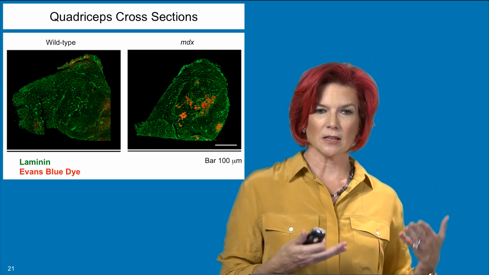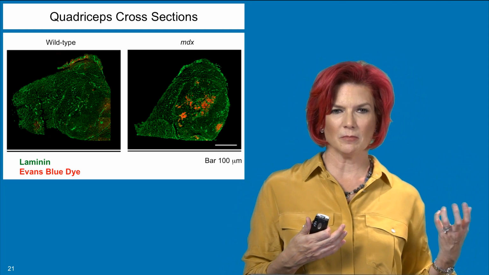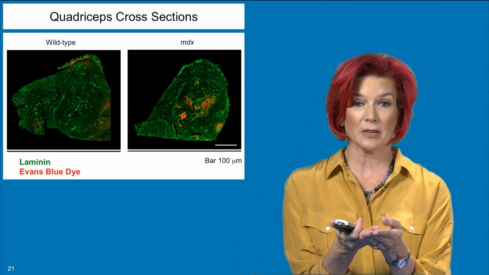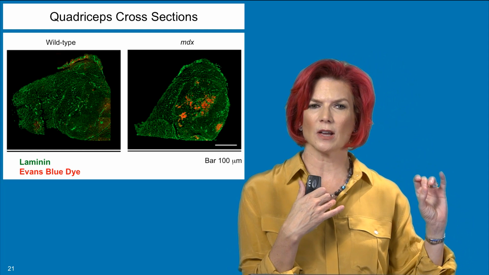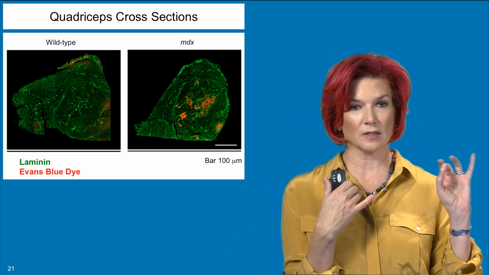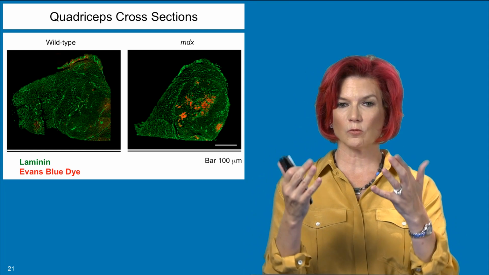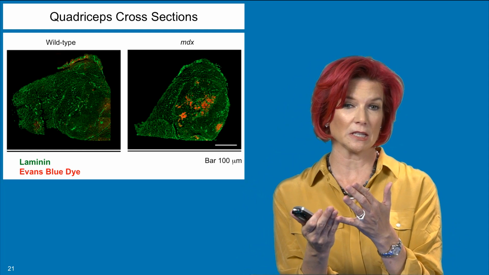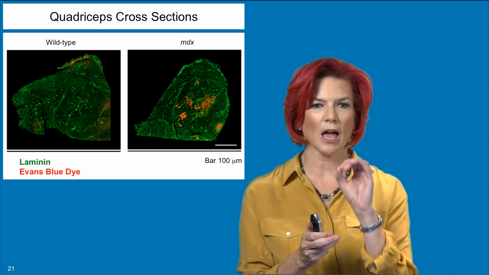So in wild-type mice, this represents an entire quadriceps section. You can see many skeletal muscle fibers. They're outlined because of the laminin staining. And we don't really see any red fluorescence in the wild-type sample. But in the MDX sample, you can see, again, lots of wonderful skeletal muscle fibers that are outlined in green due to the laminin staining, but we also see distinct fibers that are fluorescing red.